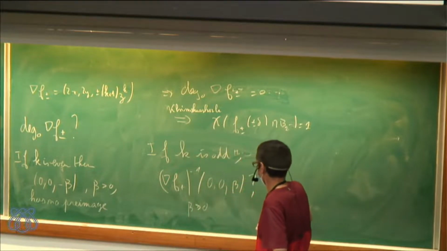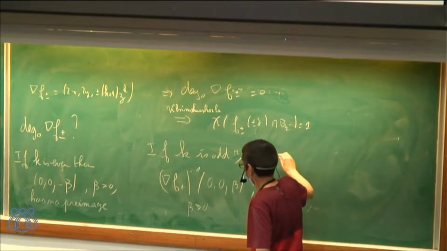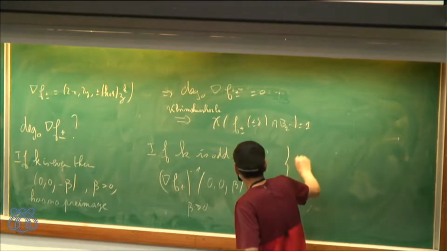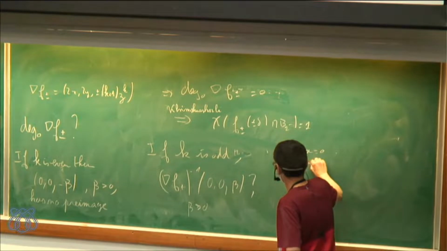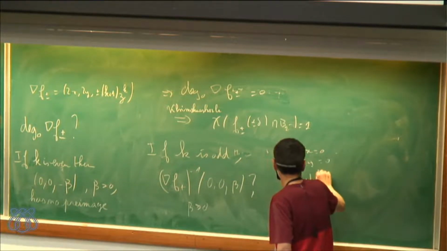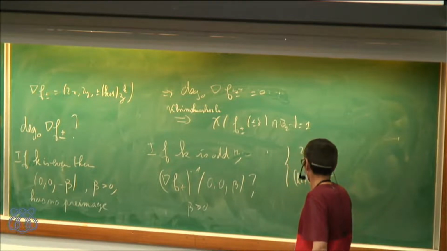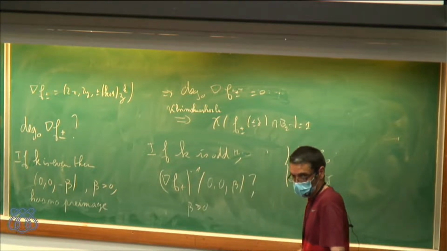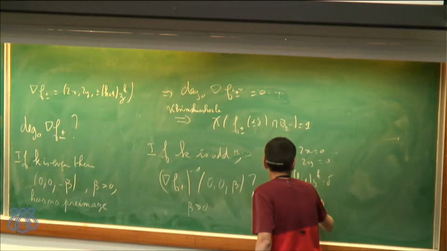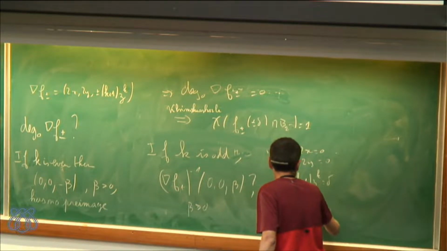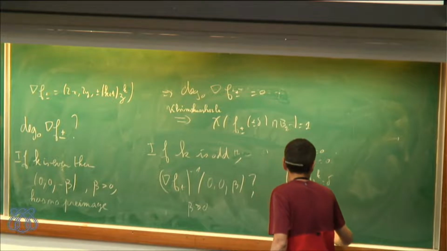So we have 2x equals 0, 2y equals 0, (k plus 1) z to the k is equal to delta. So we just have one pre-image. Okay. x is 0, y is 0, and z is delta.